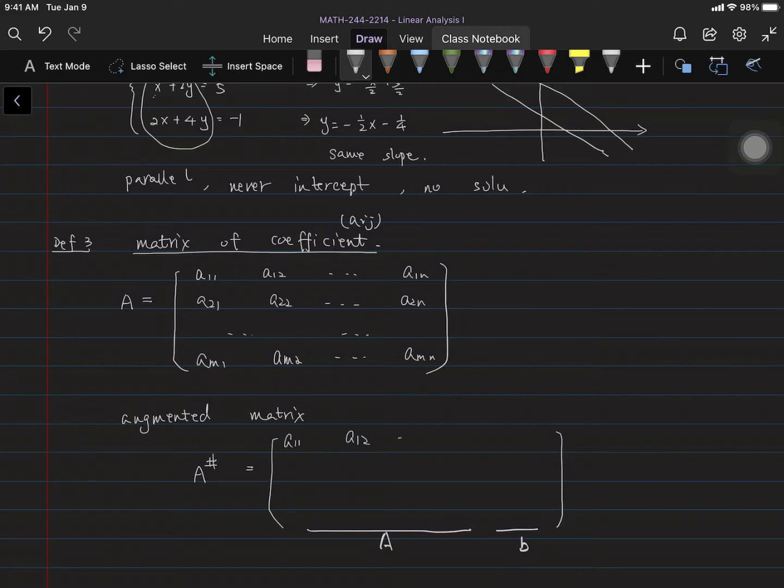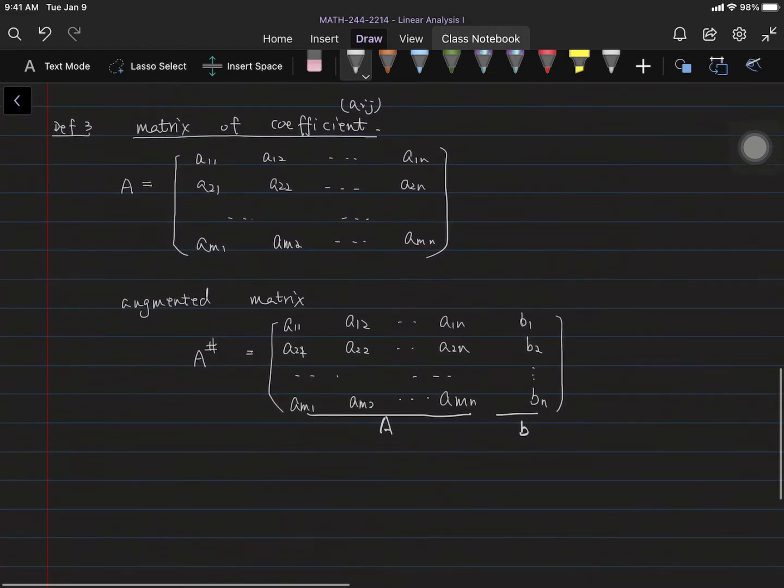A11, A12, A1n, and then we add the B1 here. A21, sorry, A21, A22, A2n, B2. Okay. The last row, Am1, Am2, Amn, and Bm. So we just need to add one more column to the coefficient matrix, and we get the augmented matrix.